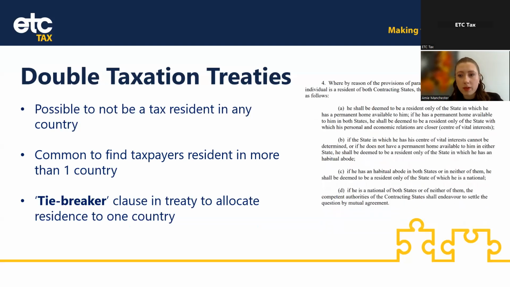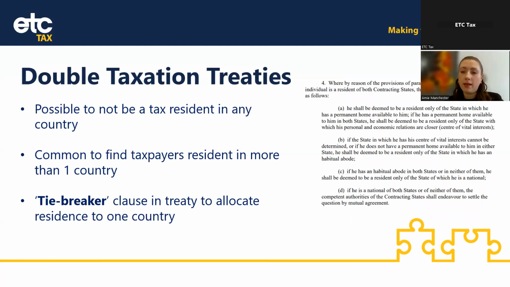I have put a snippet here of an example of a treaty, and this is the residence article. I hope it's big enough for you all. You can see we're looking at residence, and the tiebreaker clause. The first one we will be looking at is where the individual has a permanent home.